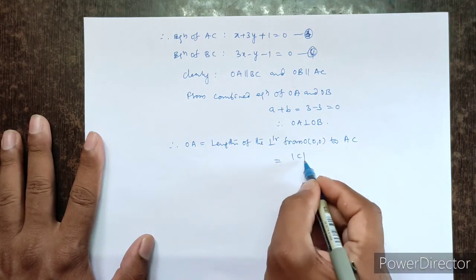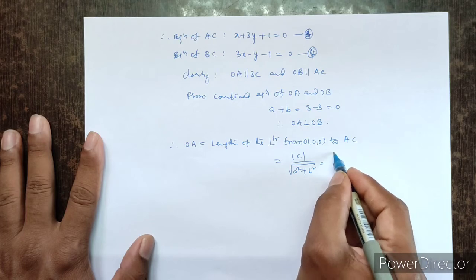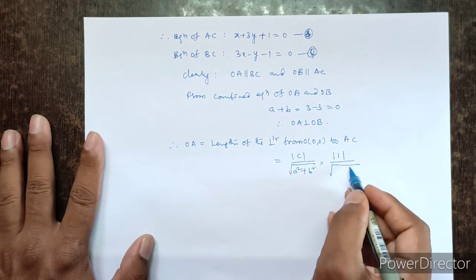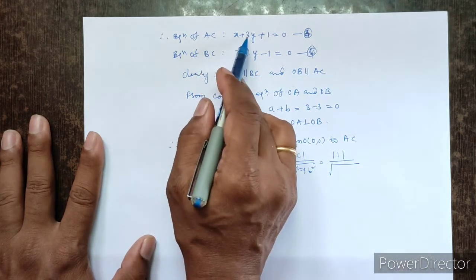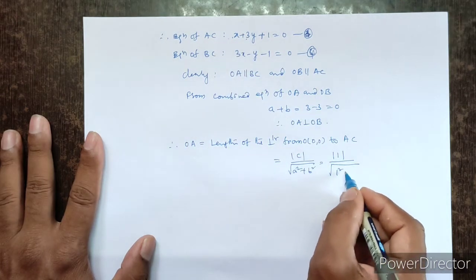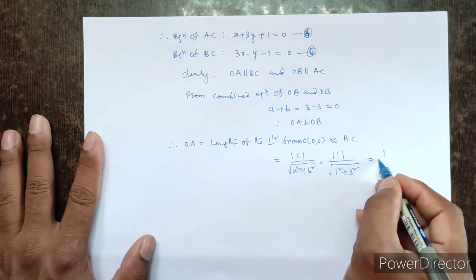Formula: modulus C by root of A square plus B square. C is minus 1, A equal to 1, B equal to 3, so 1 by root of 1 square plus 3 square, that equals 1 by root 10.